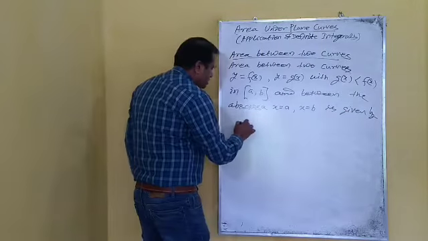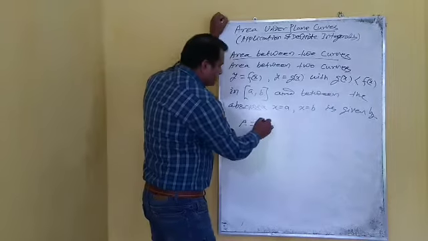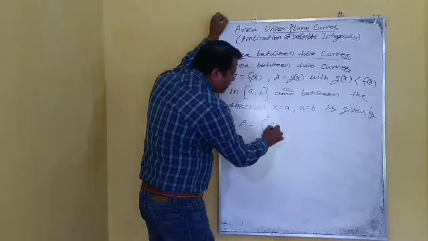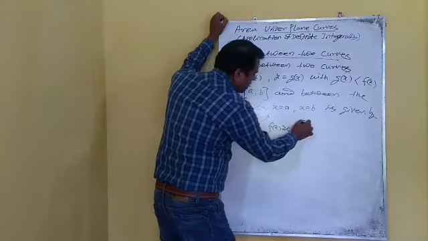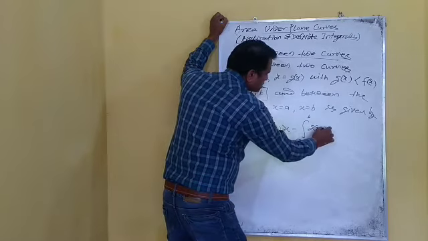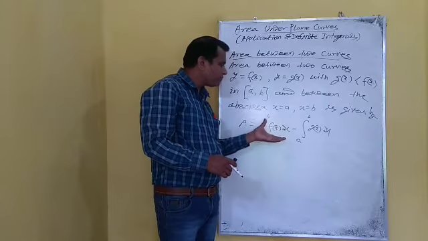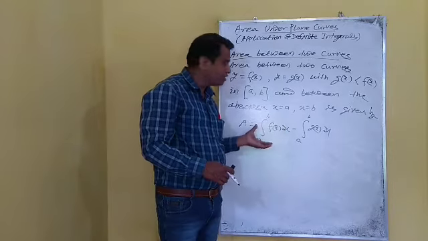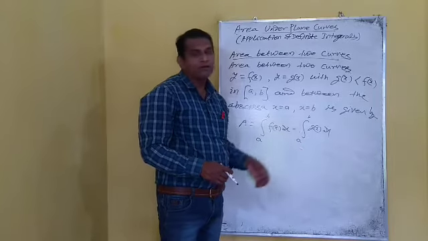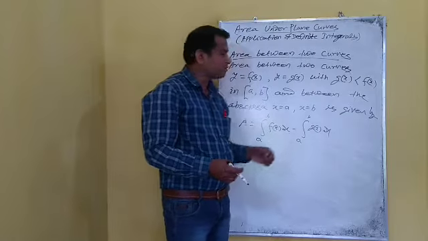here we denote area as capital A, given by A is equal to integral A to B f of x dx minus integral A to B g of x dx. That means area covered by f of x in the interval AB, minus area covered by the another function g of x in the closed interval AB.